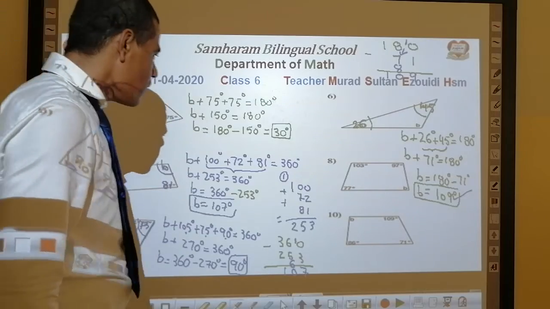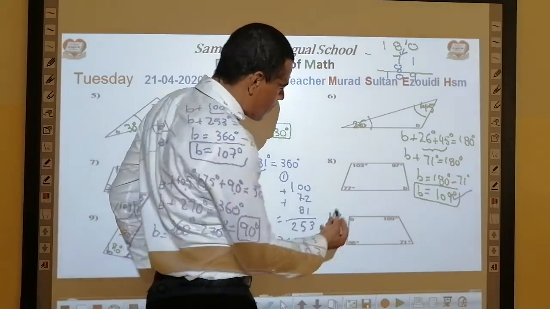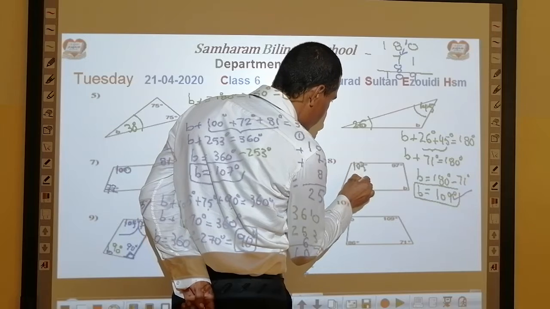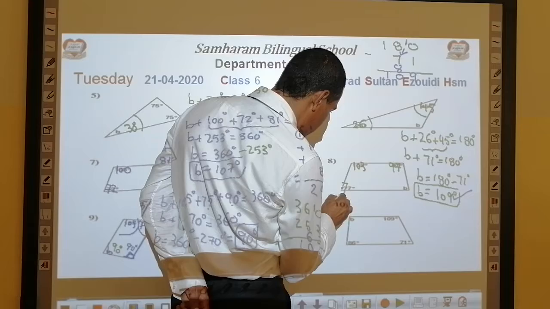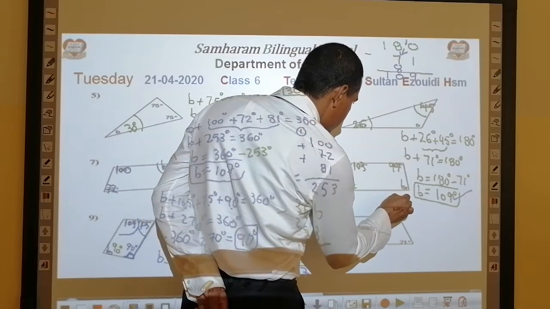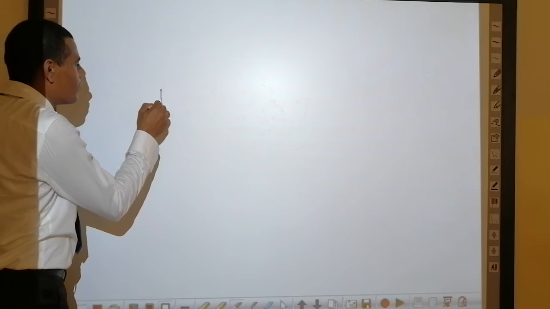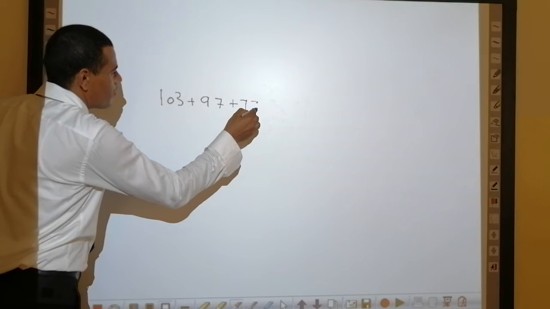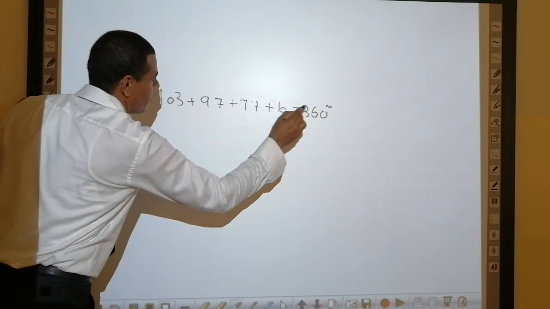Okay? Then here we have another example. This is 103. This is 97. This is 77. This is B. So 103 plus 97 plus 77 plus B equal 360 degrees.